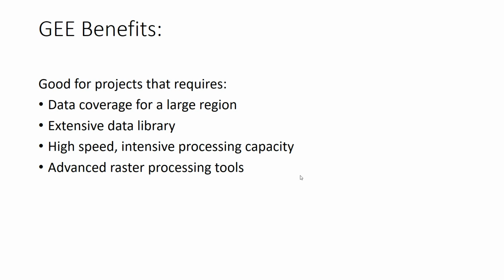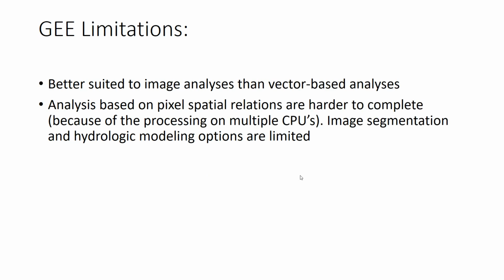And then it has a high speed of processing, and it has advanced processing tools with reference to specific raster. So it's good on that. We'll talk in detail when we get to the practical part of it.